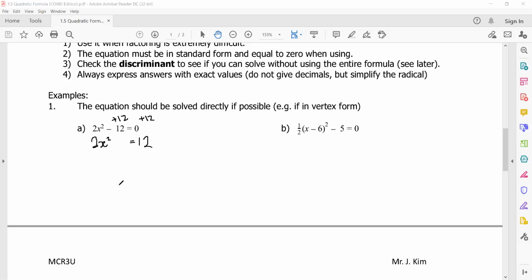Let's get people awake. Let's start with Zane's row. What's next, Zane? What's next? How do I get x all alone? We want to get rid of the coefficient, the 2. So we're going to divide both sides by 2, leaving me a 6.